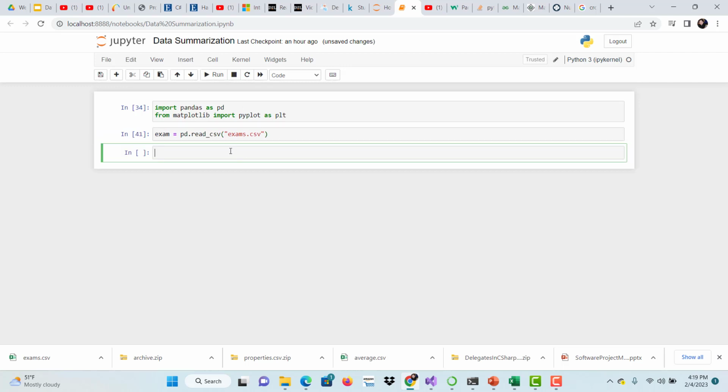Okay, it looks like it worked. We want to make sure it imported the data correctly.